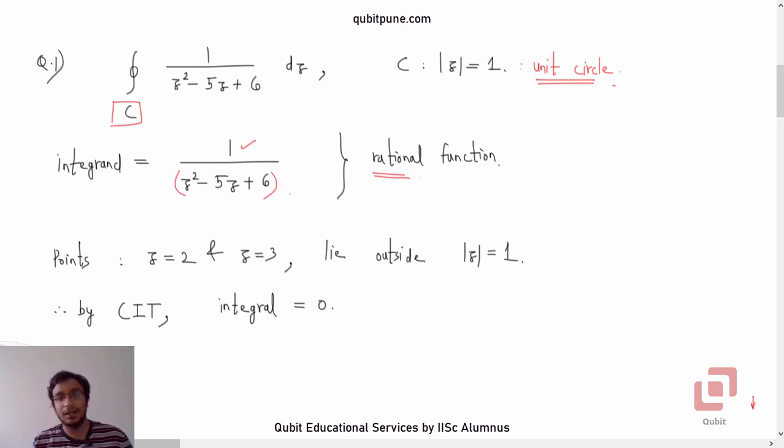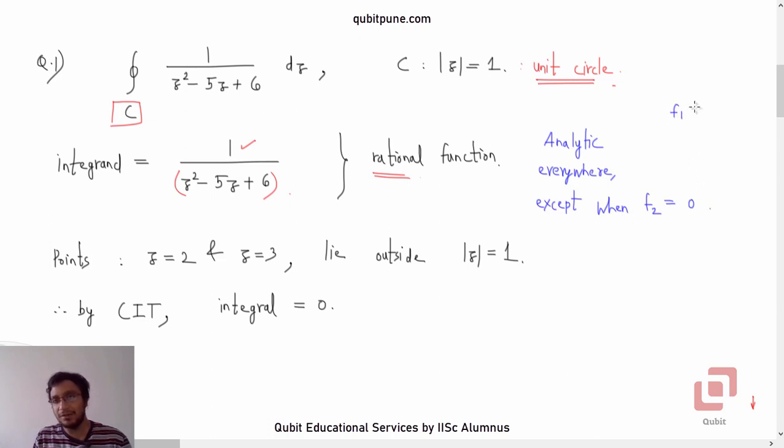So we have seen that rational functions are analytic everywhere except at those points where the denominator is 0. So if the function is f1 upon f2, then f2 is equal to 0.